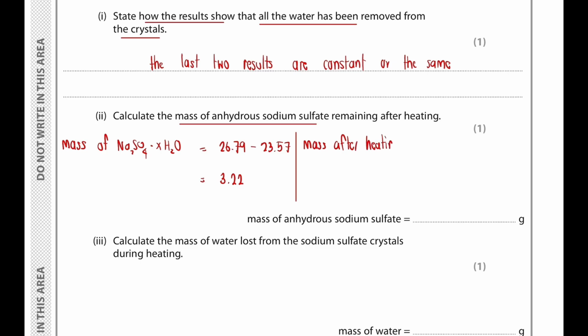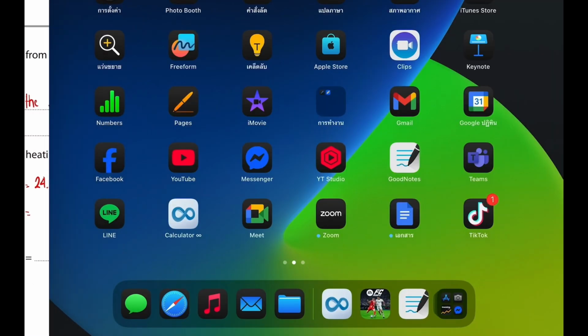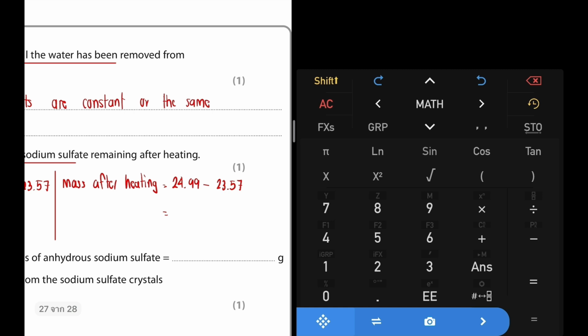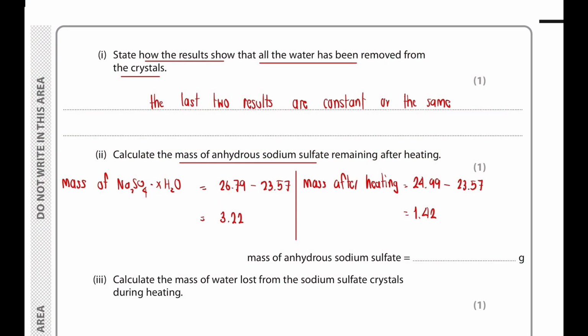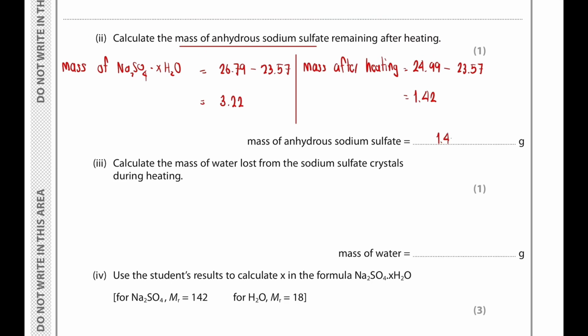Mass after heating is 24.99 minus 23.57, which is equal to 24.99 minus 23.57, which is 1.42. So the answer is 1.42.